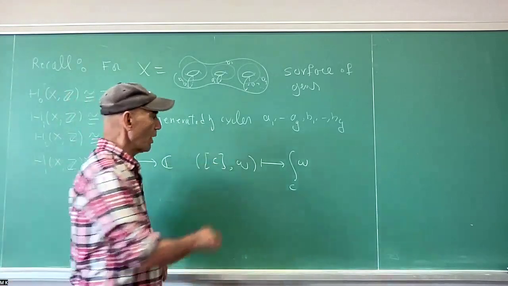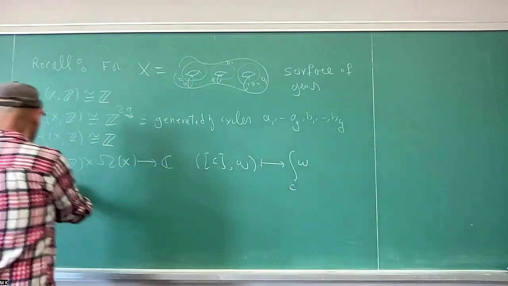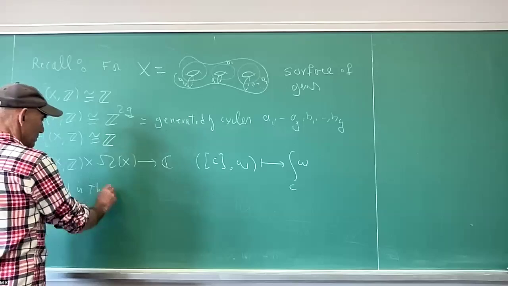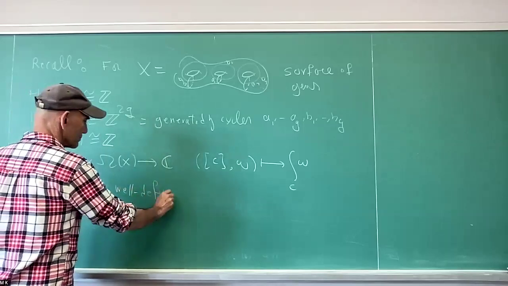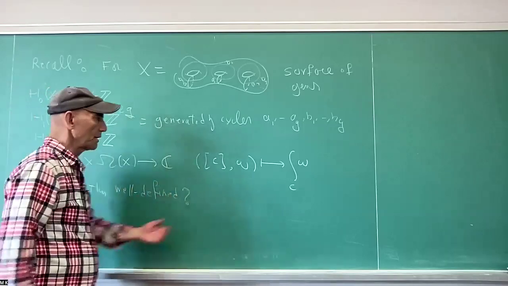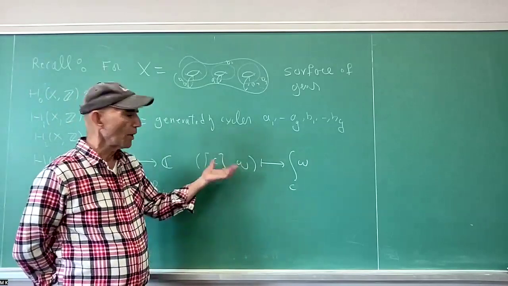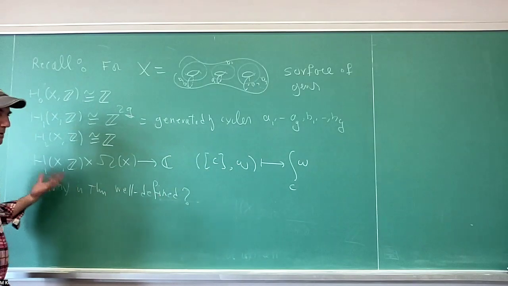In other words, the question I'm asking is why this is well defined, basically. Anyone who gives you a definition like this, you have to ask why it is well defined. Why this is well defined hinges on two facts.